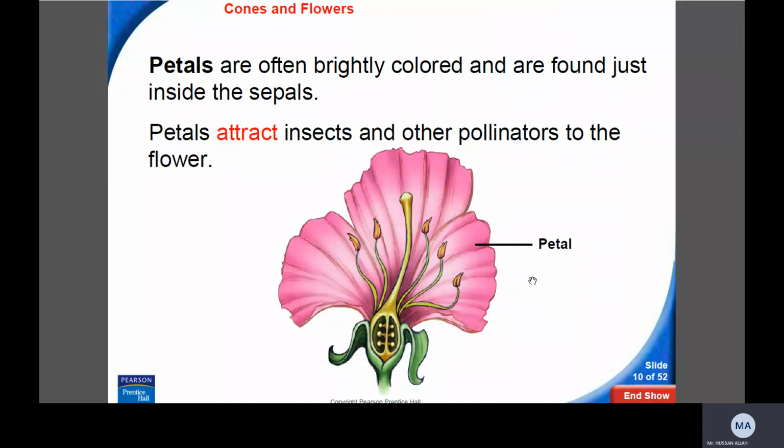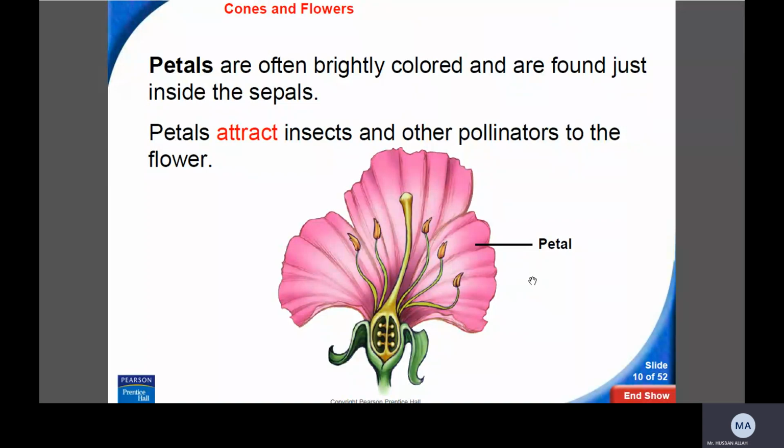Sepal is important to protect the petals and internal organs. And petal is important for what? To attract the insects. If there are no insects, the pollination or the reproduction will occur very less, right? So the color is important for attracting the insect.